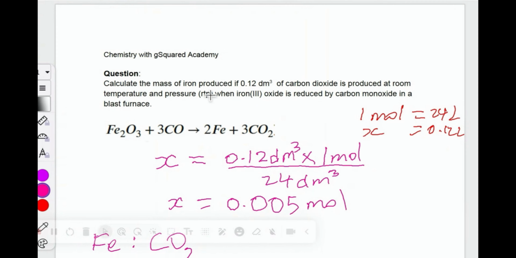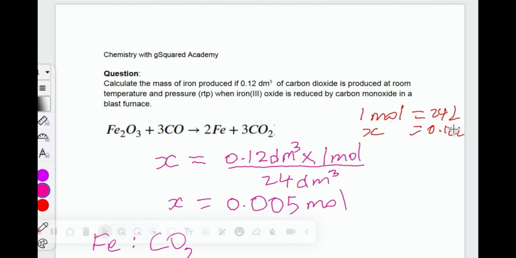Now, the information that we're given is the amount of carbon dioxide produced at RTP. What we should recall is that 1 mole of any substance is equal to 24 liters, or dm cubes. Dm cubes and liters are the same thing at RTP. So X moles would be equal to 0.12, right? And when we are to find this out, we're going to have to cross multiply here.